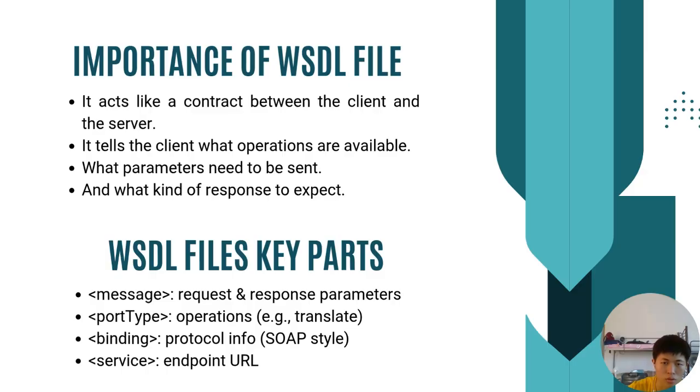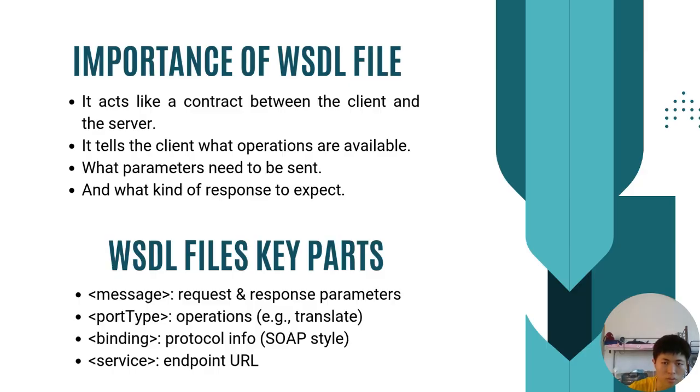Let me break down the key parts of a WSDL file using the one for my translator. Firstly, message defines the input and output message, like parameters and return values. Port type describes the methods the service exposes. In my case it is translate.